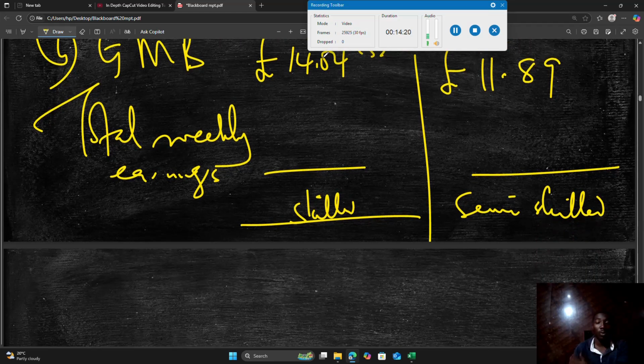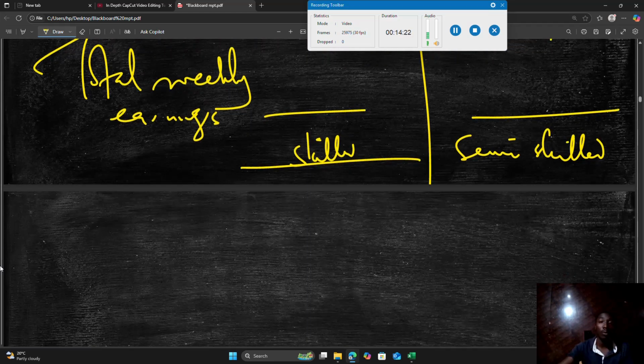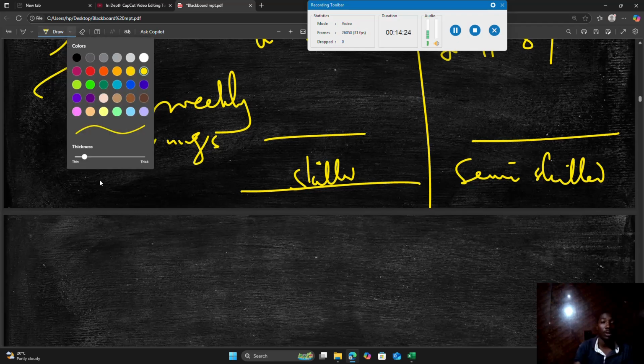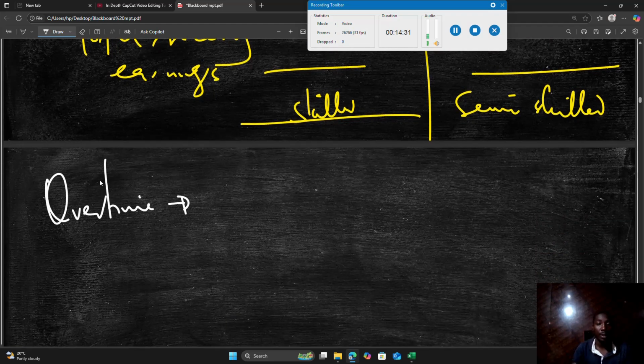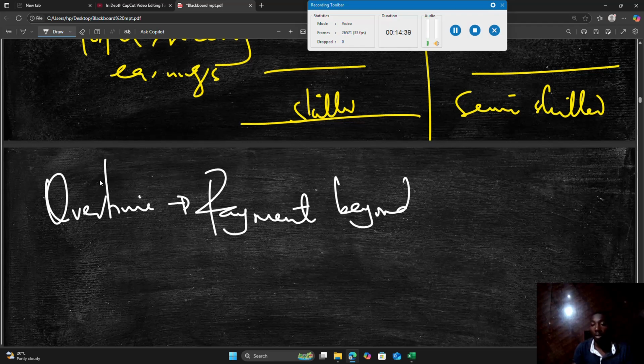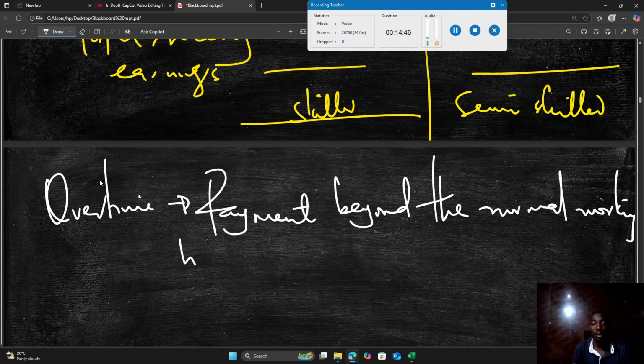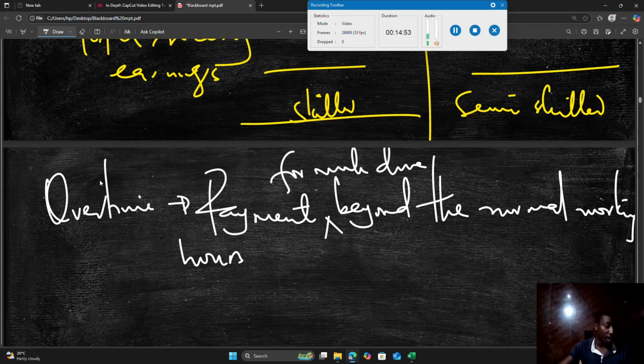Another constituent of labor cost is overtime. Workers are entitled to payment for work done beyond the normal working hours.